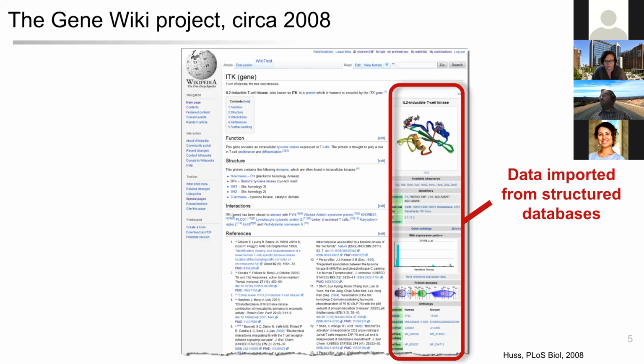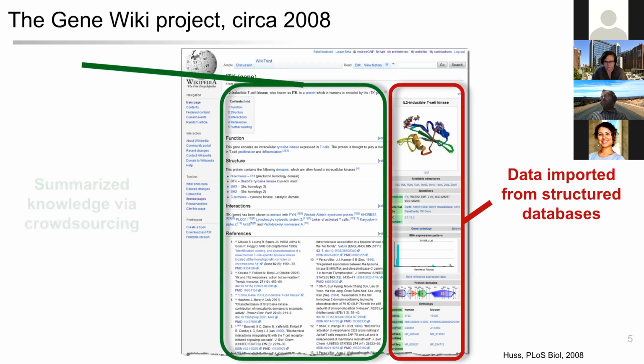The info box is a part of a Wikipedia article that presents and renders structured data that is imported from various databases. So in this example, you'll see different identifiers, expression patterns, and that's nicely rendered in the info boxes. And at the same time, add summarized knowledge from the references, etc.